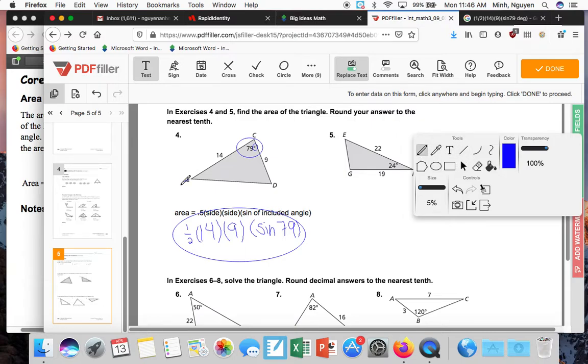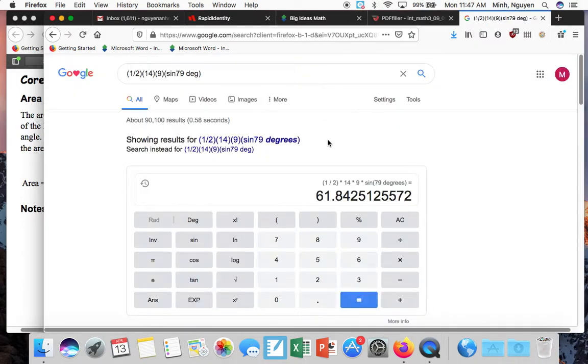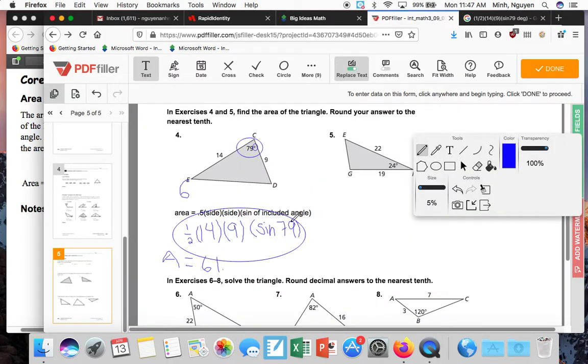So what that will look like is A equals 61.8 units squared, or you can say square units, whatever.